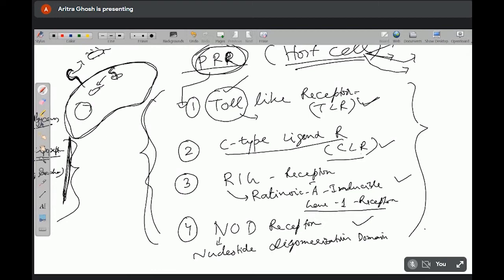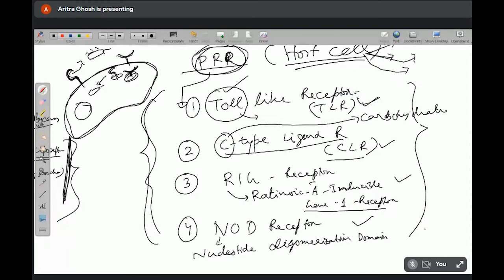Sir, does soluble mean soluble in the cytosol or in an organic solvent? No, it is present inside the cell only, but in soluble form. Soluble form does not mean I cannot see it under a microscope, that is how retinoic acid inducible was found. I am not going into detail here. Till now just remember that 4 types of receptors are there: toll-like receptor, C-type receptor, RIG and NOD.